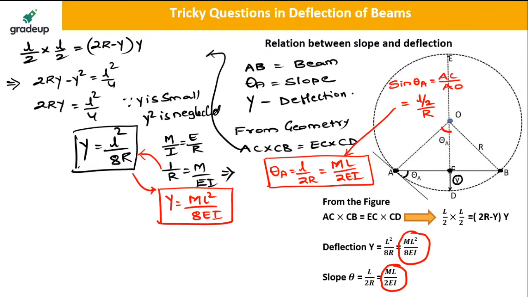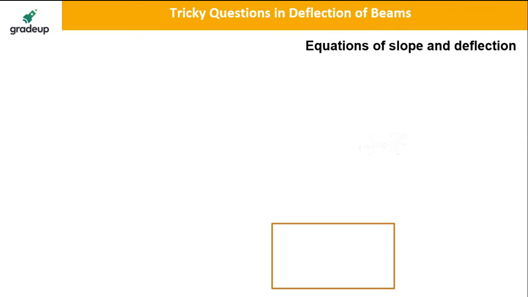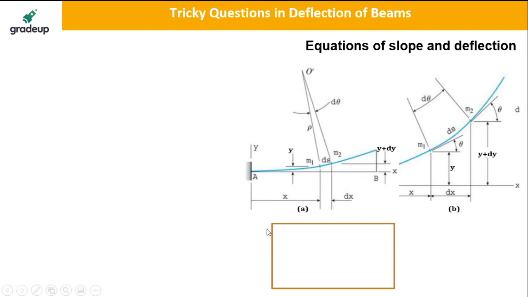Right? Now, in general case, my dear friends, you see that this is what the deflection you are seeing. So let m1 and m2 be the deflected point of the curve in general.